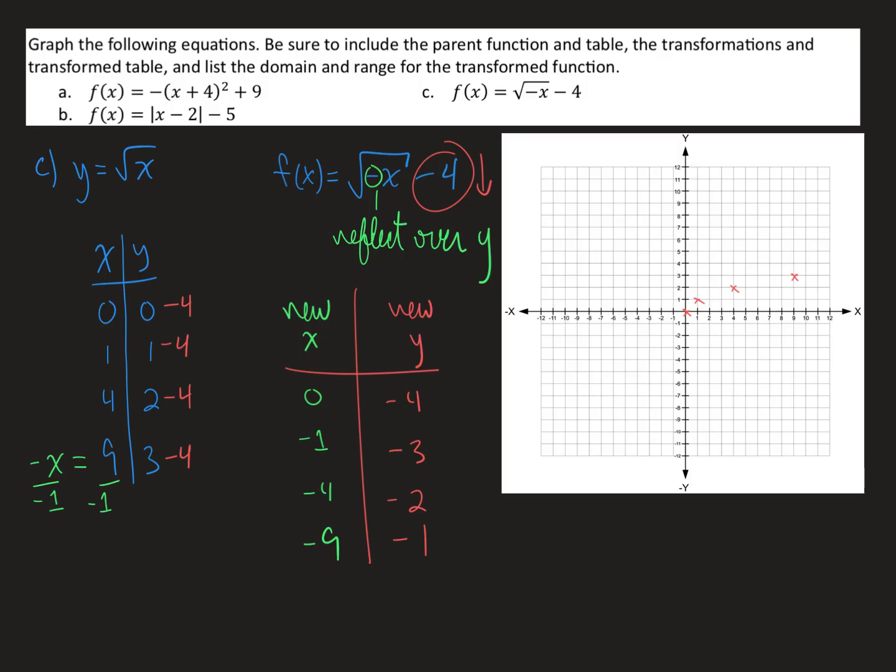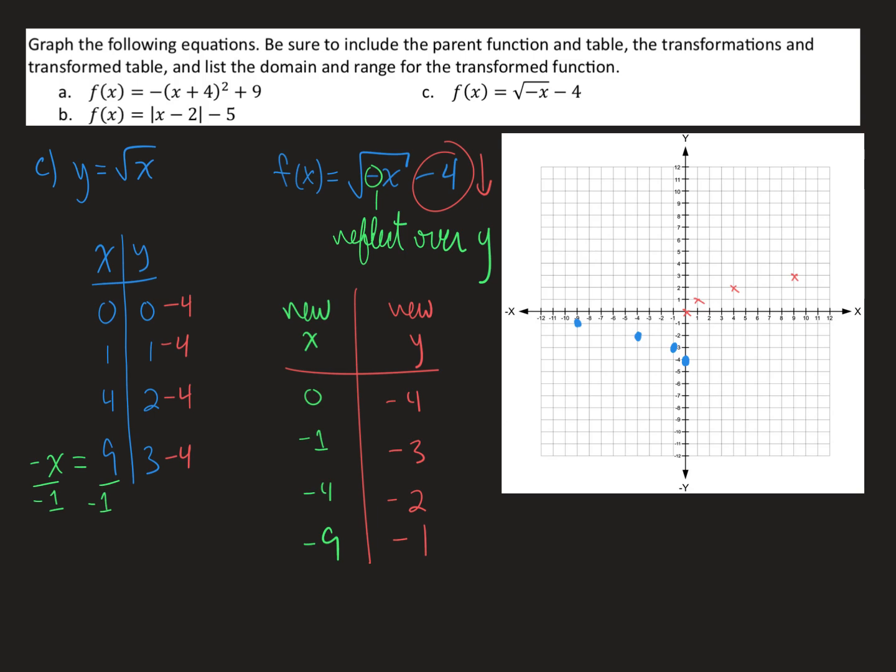That being said, we have these new x's and y's, so I'm going to go ahead and plot that over here. 0, -4, -1, -3, -4, -2, and -9, -1.